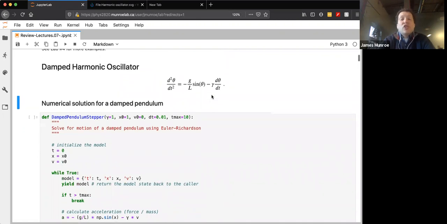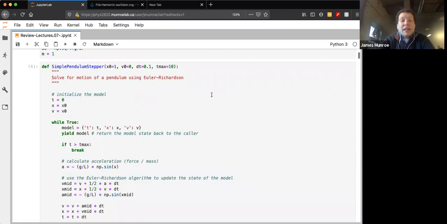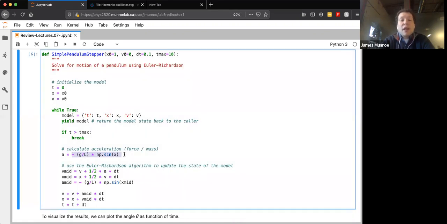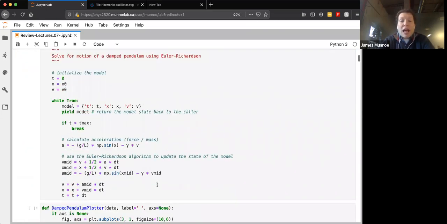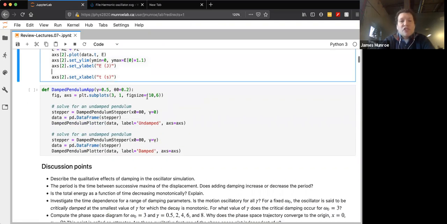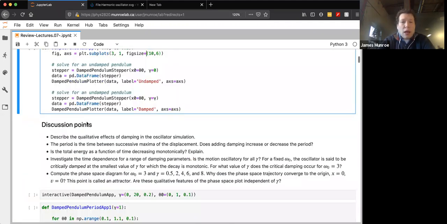You should be able to take code that looks like this, for example a simple pendulum stepper, and modify the acceleration so that you can add in a decay term, a drag term, when you're given it. I can leave these codes in here as examples, but they don't tend to do very much.